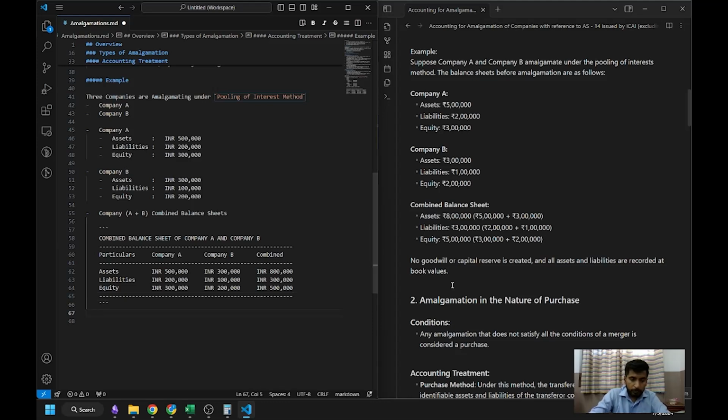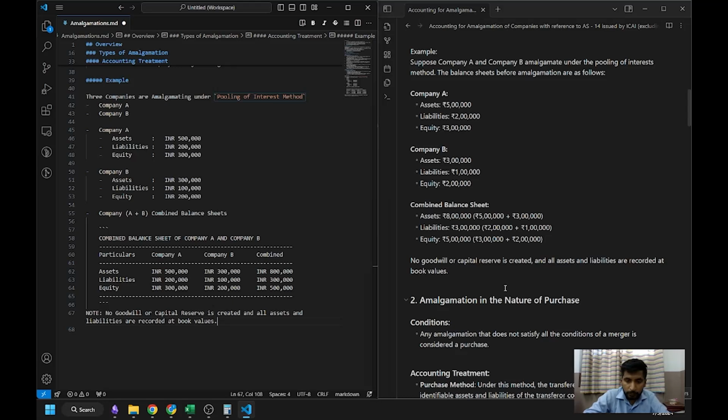Now here, no goodwill or capital reserve is created. And all the assets and liabilities are recorded at the book values.